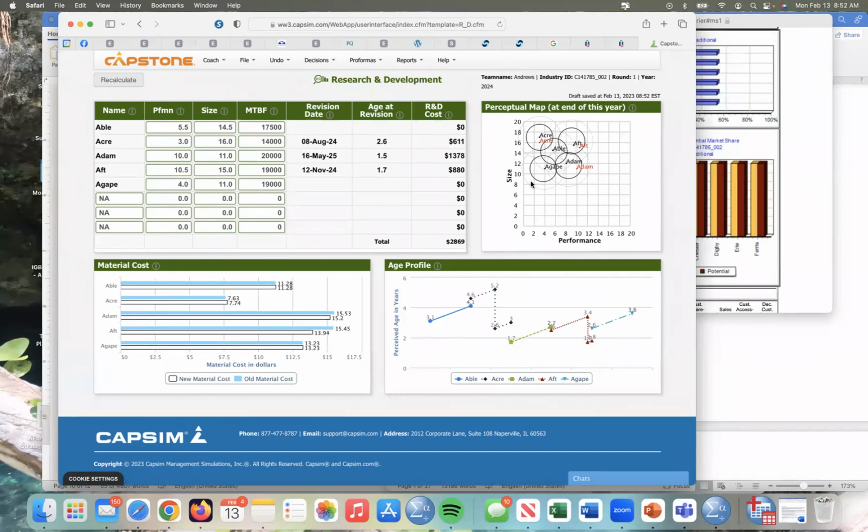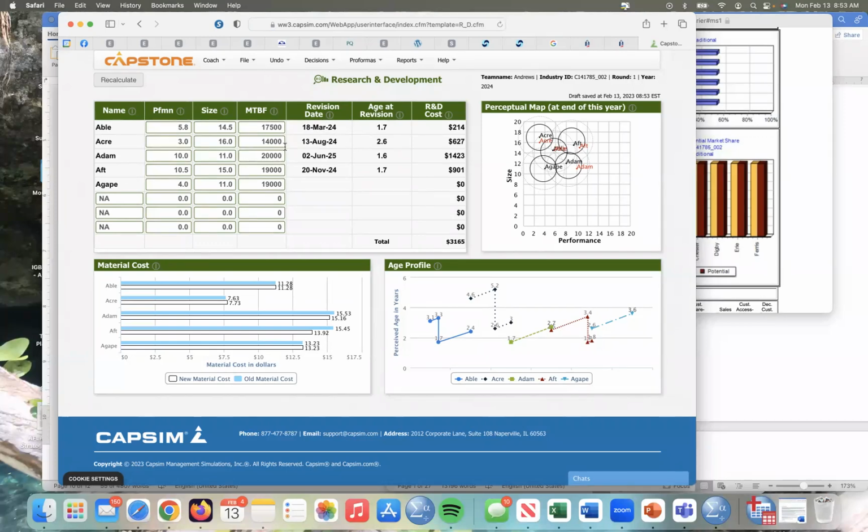All right, so I've moved Able back to the original starting point. So the small change that I made here is just moving Able back to the original starting point. So maybe I go to 5.75. Let's see if it'll let me do that here. Yeah, so that moves it just a tiny bit, but also my revision date is a little bit earlier.